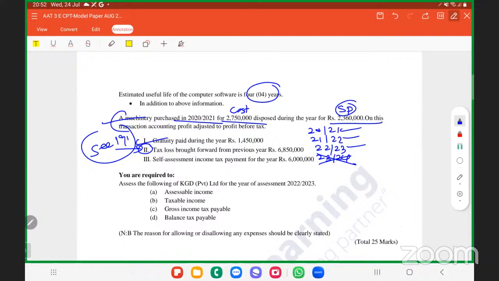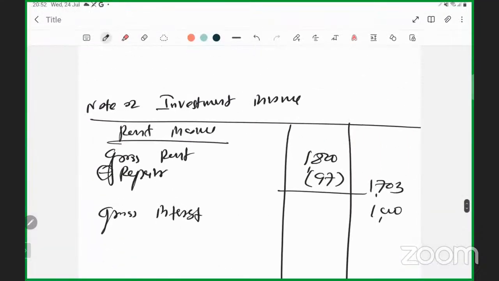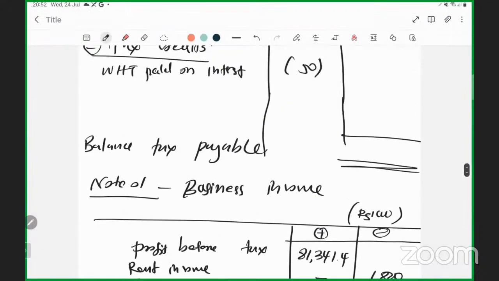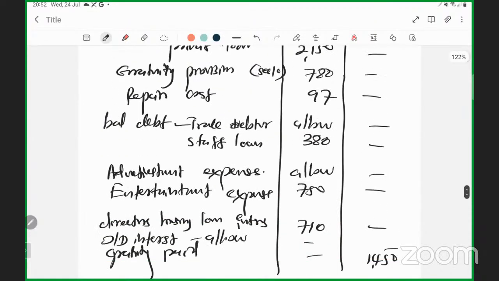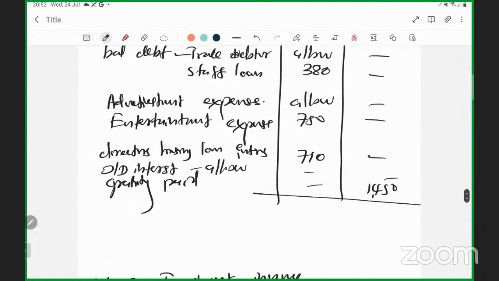So here the self-assessment, there is a tax credit, 6 million installment payment. Right. So here now you can take the total of those two columns, the plus and minus, quickly.